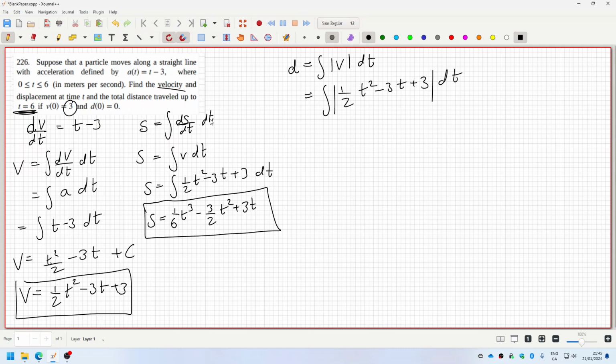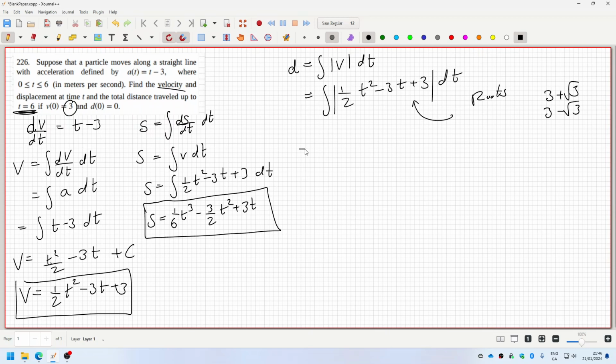So we need to get the roots here. Oh, why did they do this? Why did they do this? The roots are 3 plus root 3 and 3 minus root 3, which unfortunately, both are in the integral.